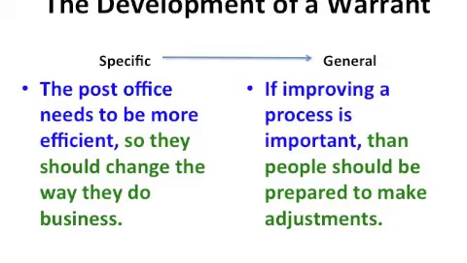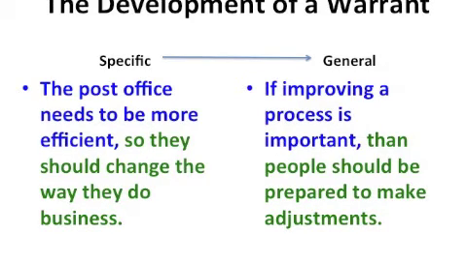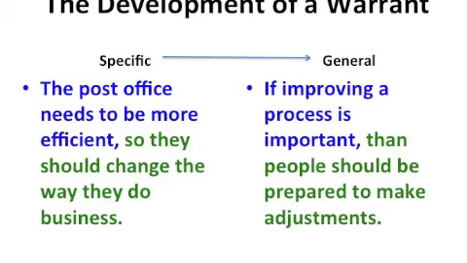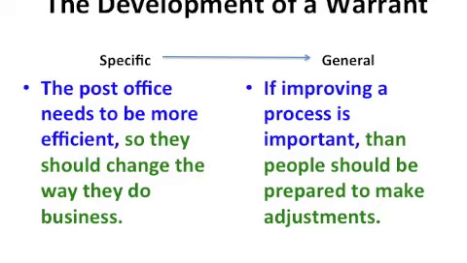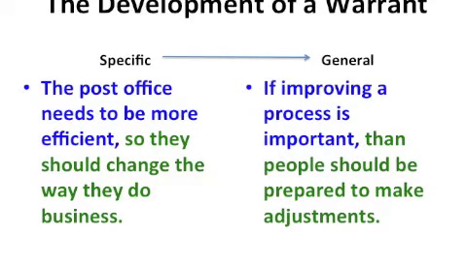So let's look at an example. Here's a development of a warrant, and you can see it begins with something very specific. In this case, it addresses the post office, which is unique to the reading that we did this week. And then it becomes more general. If we look to the left-hand side, in blue, you will see the exact wording from the reason that we chose today in our work.